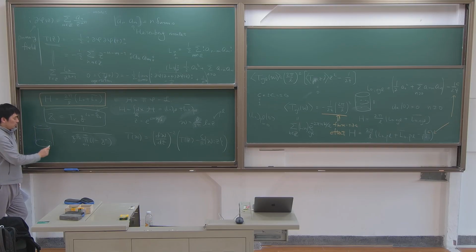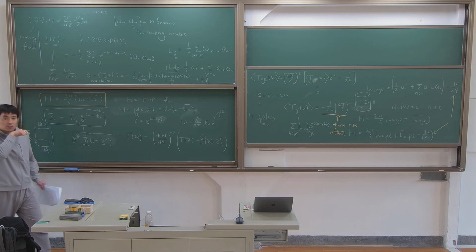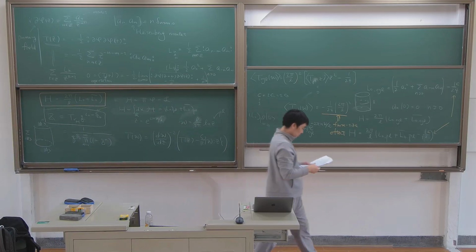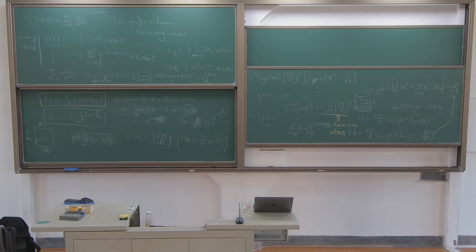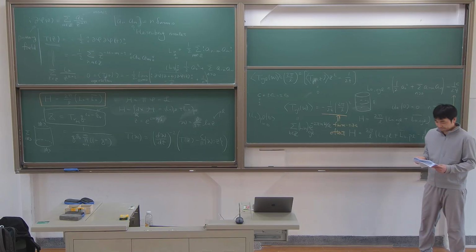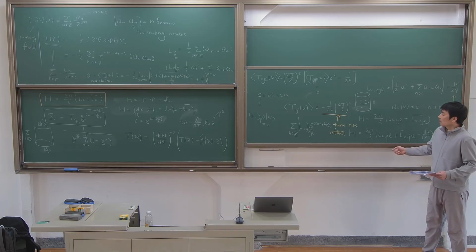You identify the bottom state, whatever state, and the top state, and identify them together, summing over all possible states. That's a trace of the Hilbert space. So this means that when you consider the partition function, you consider only a finite circumference. That's why you need this shift, because of the zero-point configuration. Okay. Any questions at this moment?